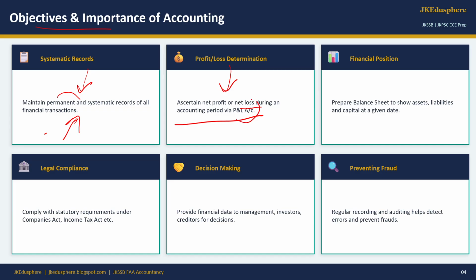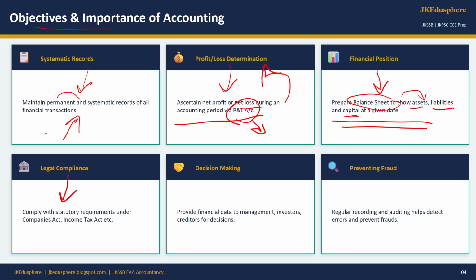In the profit and loss account, we see the net profit and net loss of an accounting period, and for that determination we do accounting. The next part is financial position. We prepare a balance sheet to show our position in assets and liabilities and capital as well. We will study what is asset, what is liability, and what is capital in the upcoming videos.